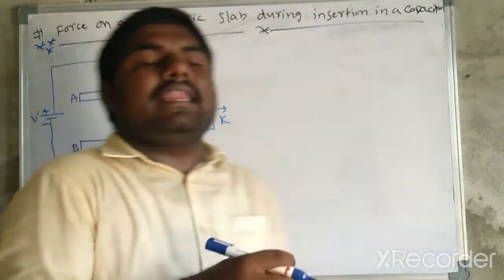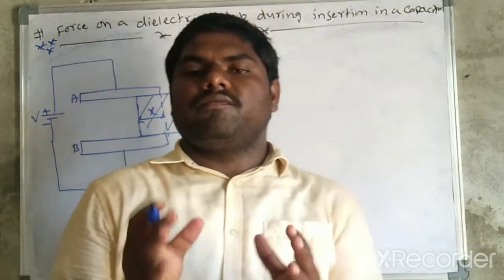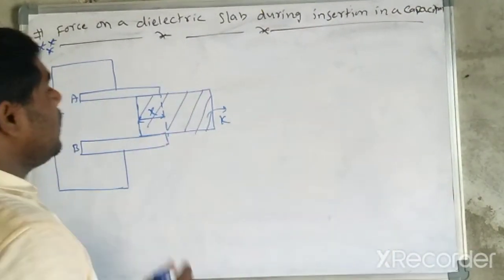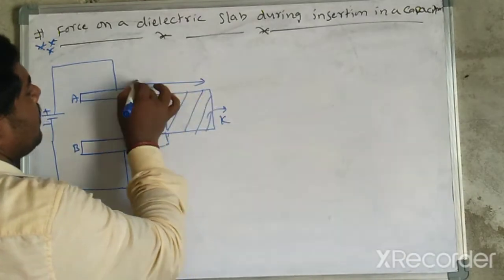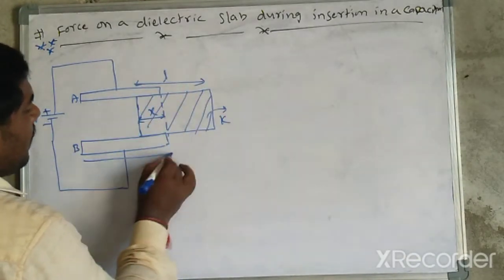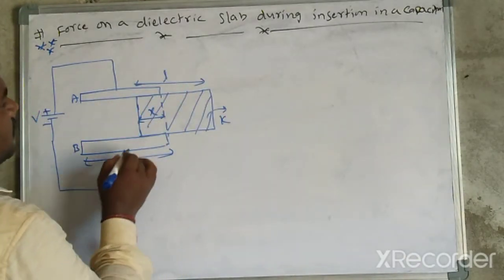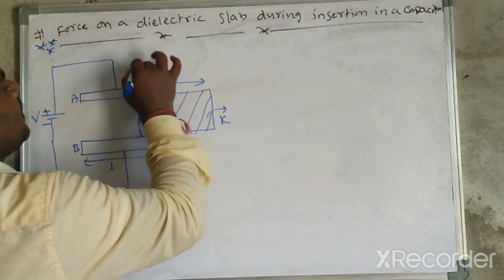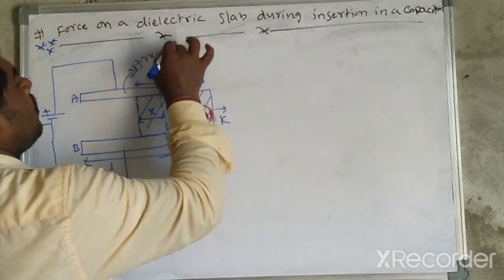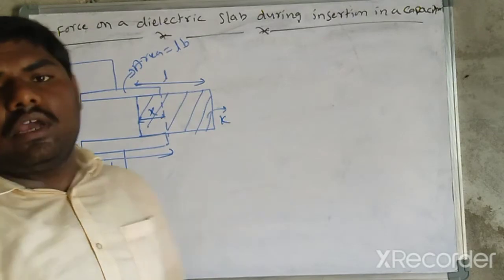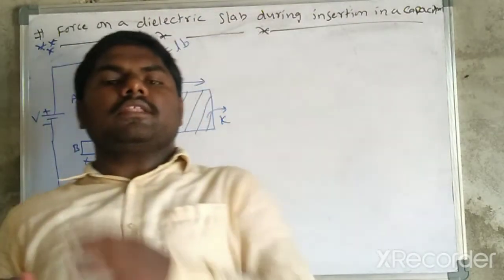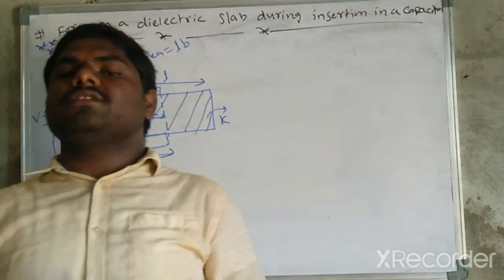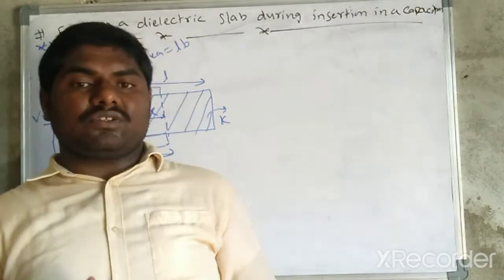Inside the dielectric slab, the length is x. The dielectric slab length I would like to consider L, and the plate length also L, and the plate area is equal to length into breadth, so L into B. So the two plates have the same area, same length and same width.